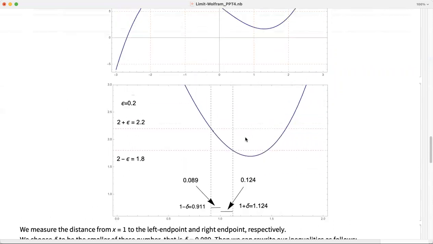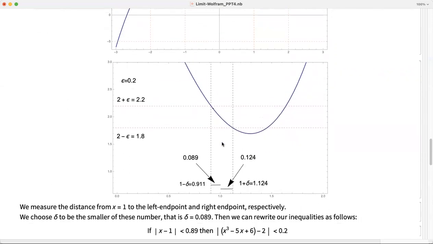Because we are using the graph, we figured out 1 minus delta is 0.911, the left endpoint, and 1 plus delta is 1.124, the right endpoint, by graphing. Then we figure out the distance between the left endpoint and 1, and between 1 and the right endpoint, which is 0.124.